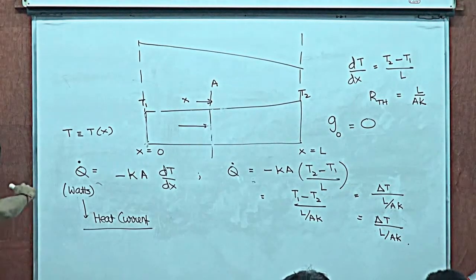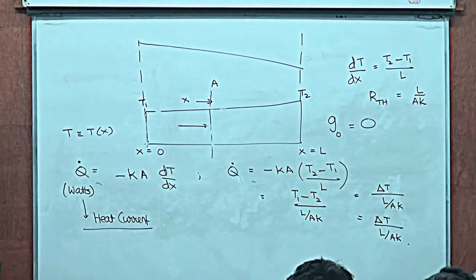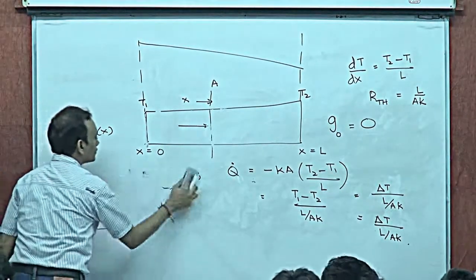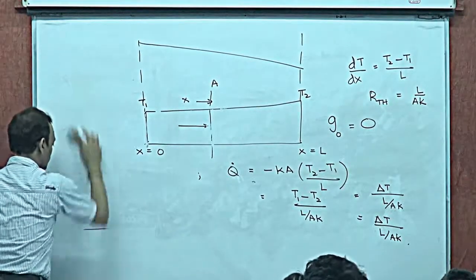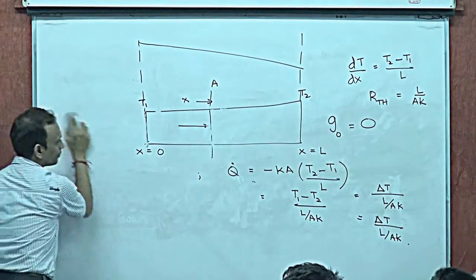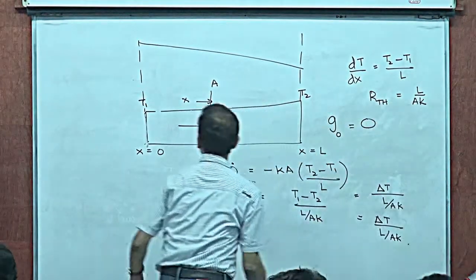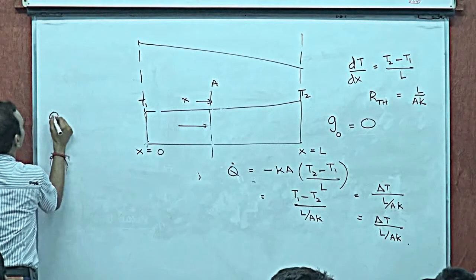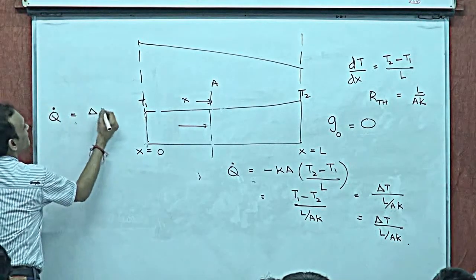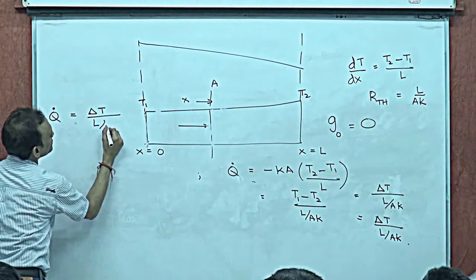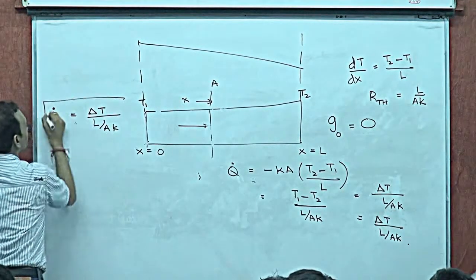Clear? So heat current is delta T, the potential difference, divided by the thermal resistance L by AK.